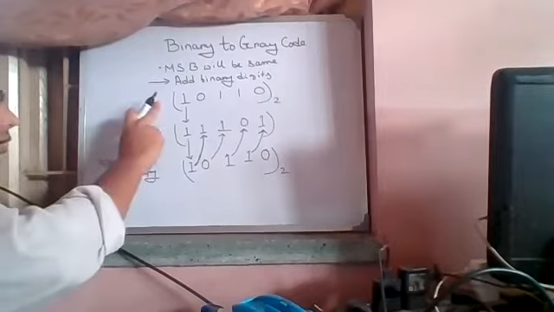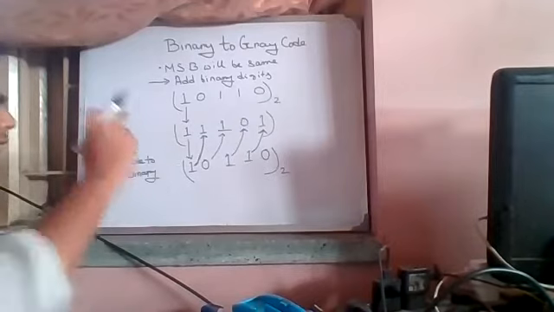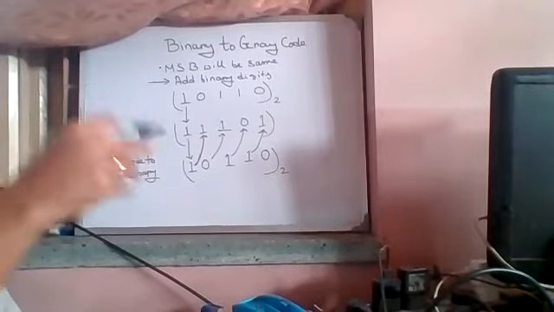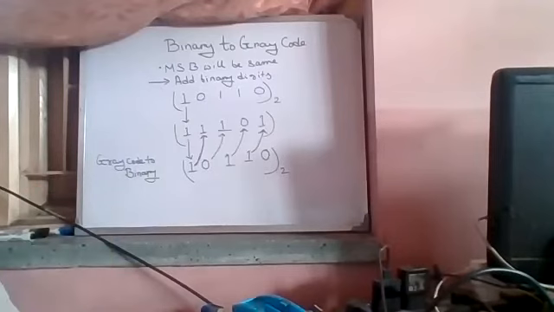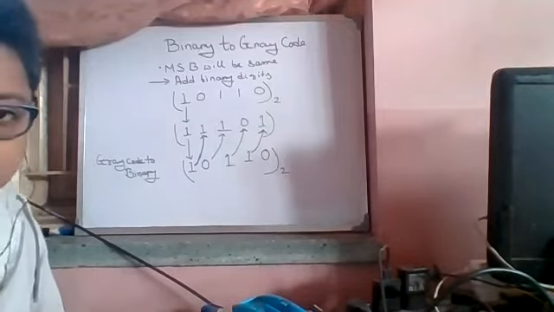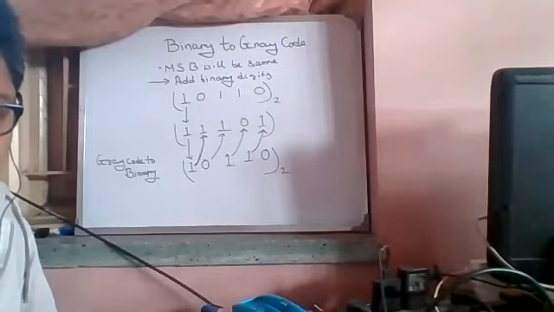So this was binary, this was gray, this was again binary. That is how we can convert from gray to binary or binary to gray. Right.